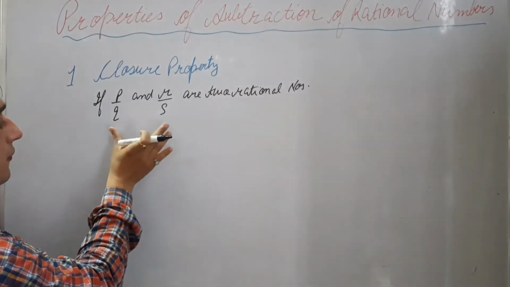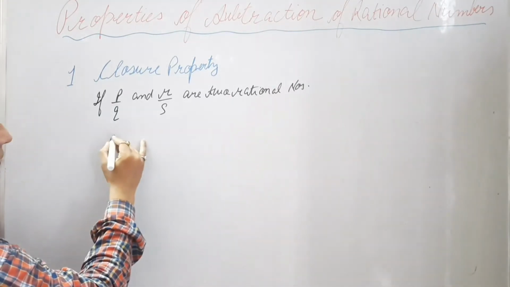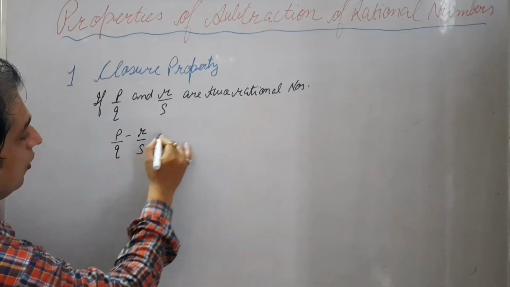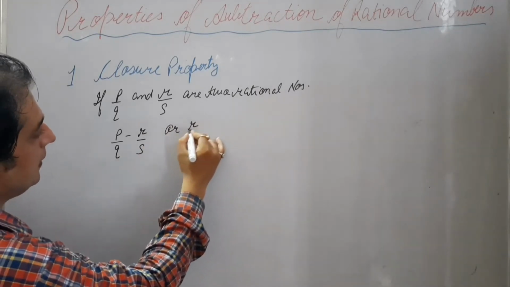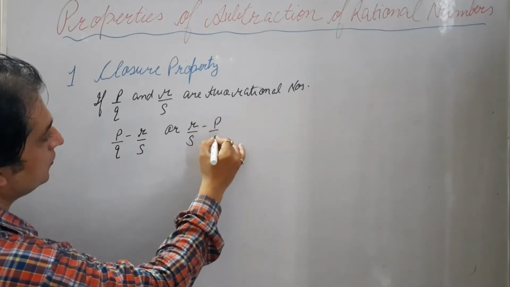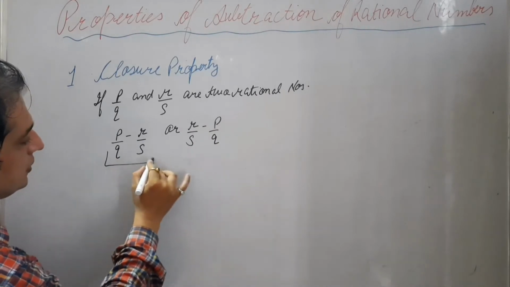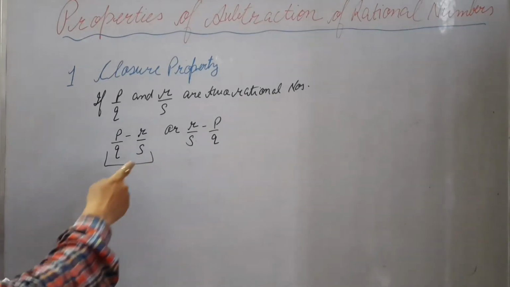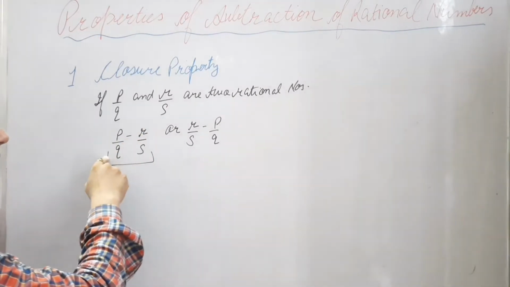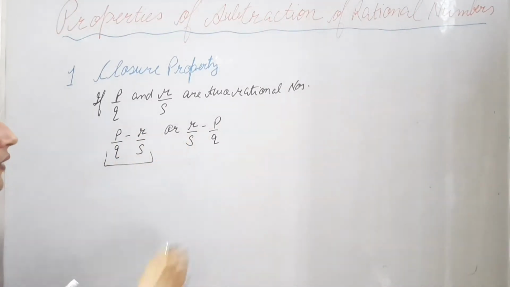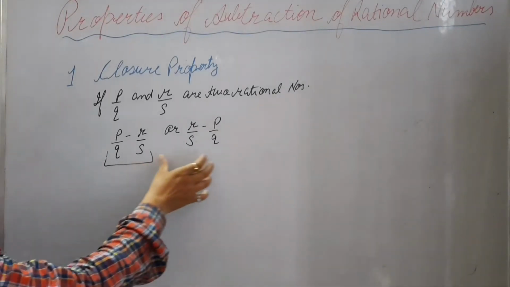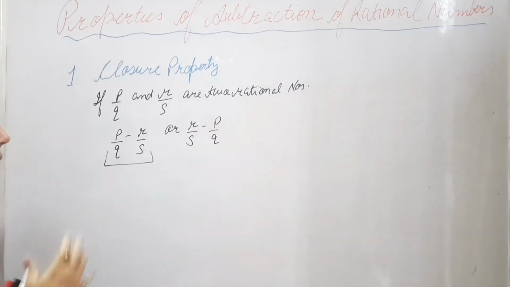Now if I take the difference P by Q minus R by S, or R by S minus P by Q, that is, if we subtract one rational number from the other, in both cases you will obtain a rational number.